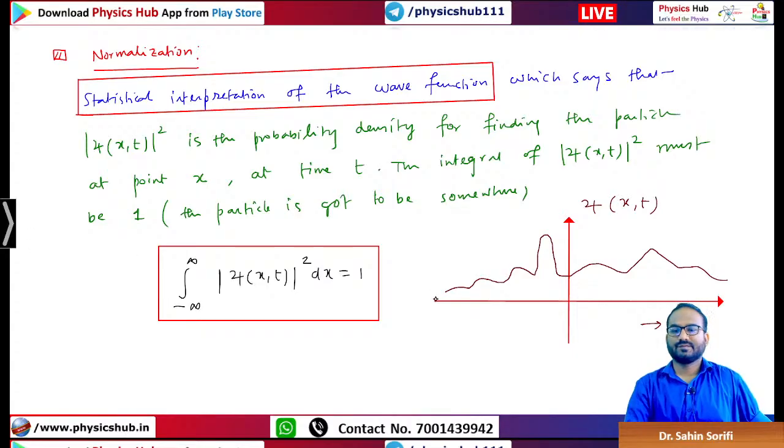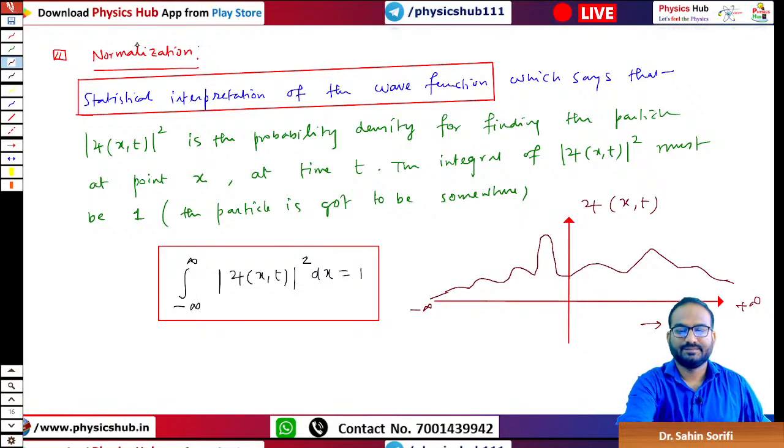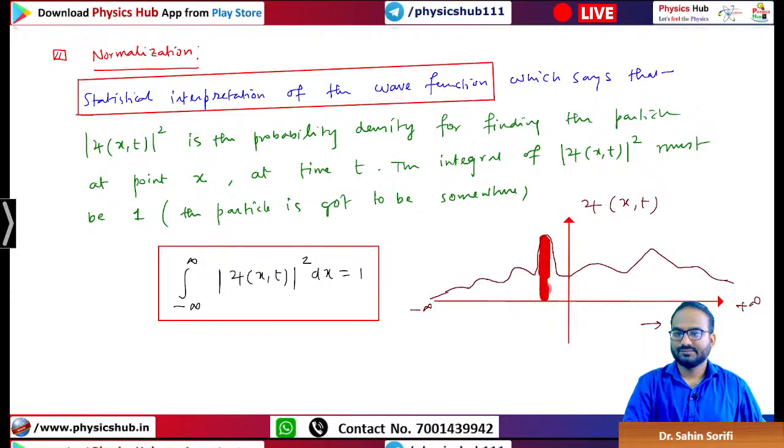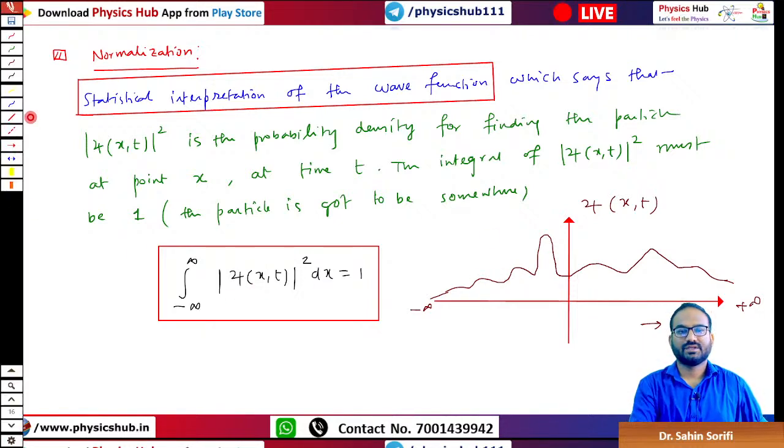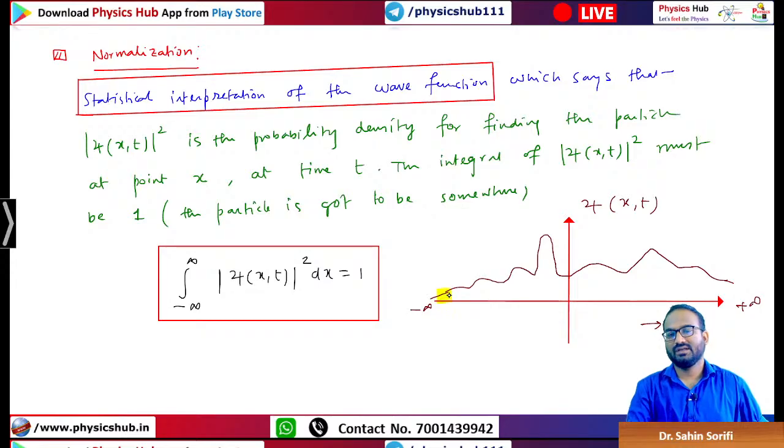So you see, the probability of finding the particle will be high here. Probability of finding the particle will be comparatively low here, and it is diminishing here, you can see. But the total probability is calculated as the area under this curve. So if you scan over the whole space, the particle will definitely be found somewhere.